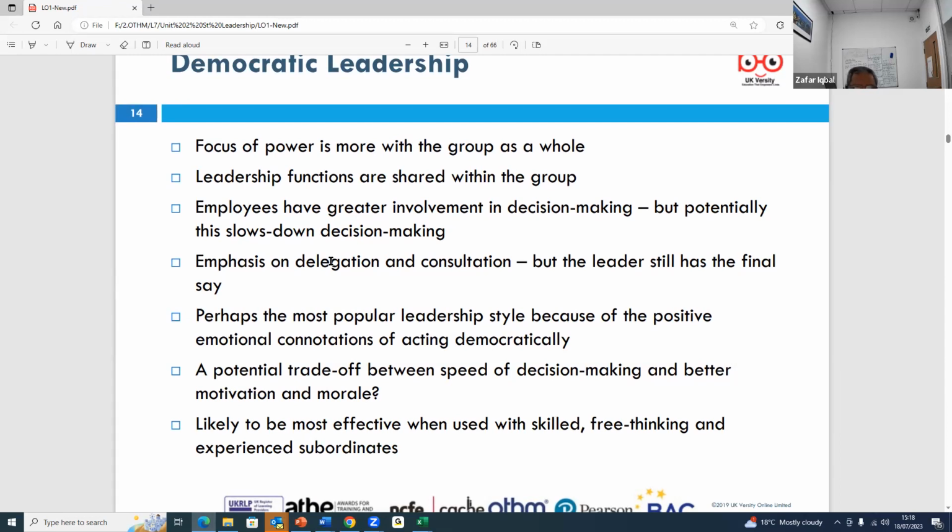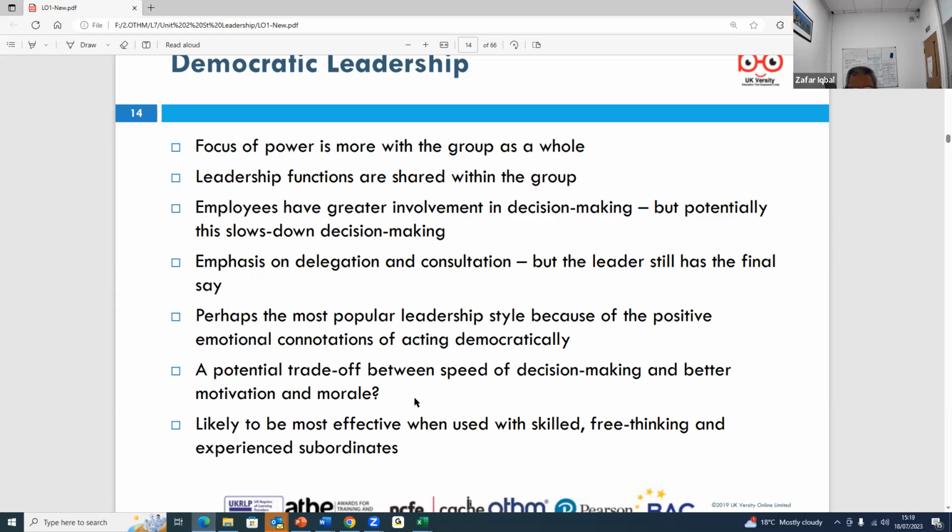But the ultimate decision lies with the manager themselves, or the leader. He has the final say. However, he consults with his subordinates, he delegates the responsibility, he talks to them. He is a popular person, popular because of his positive style.